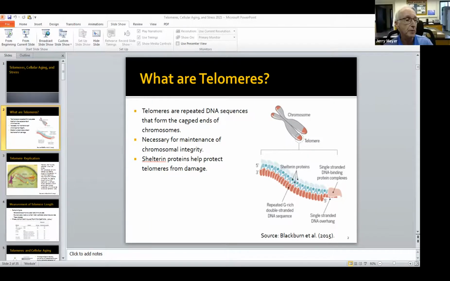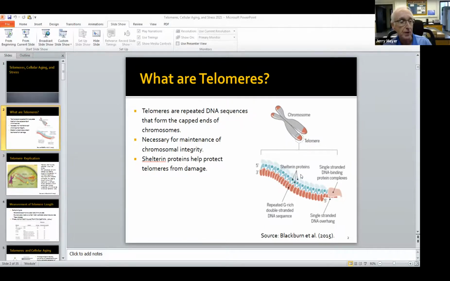So telomeres are on every chromosome. Here's a pair of chromosomes. Telomeres are at the end of the chromosome. They're capped and they're necessary for the maintenance of chromosome integrity, that is, to keep chromosomes stable. So here is the telomere at the end of the chromosome.